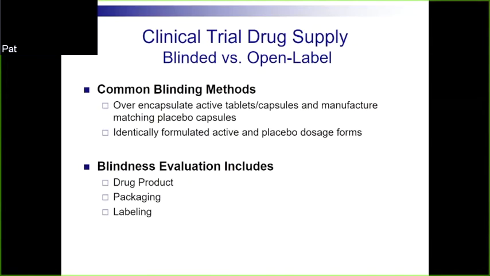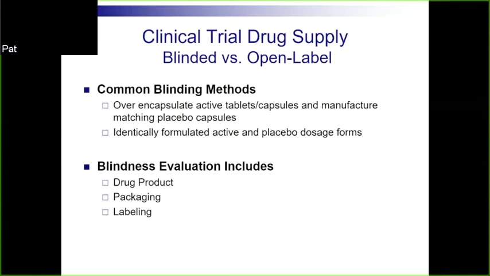And then a matching placebo capsule will be prepared with just the inert ingredients, so that now we've got an identical looking dosage form, active and placebo capsules, one which contains the over-encapsulated commercial product, and then one that's just the diluent. So we're really striving to maintain the blind of the study right from the dosage form all the way up through the packaging into bottles, and then ultimately the labeling of the products.